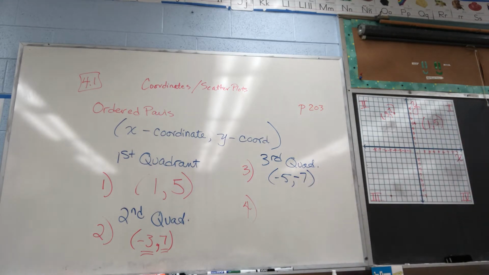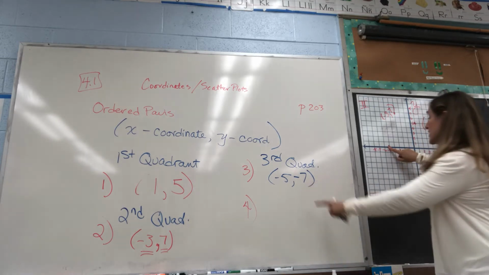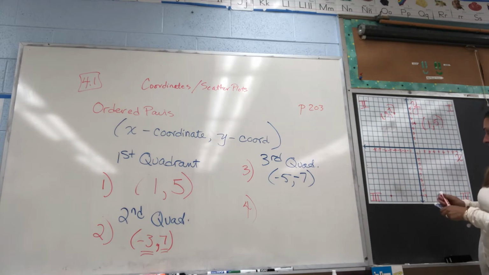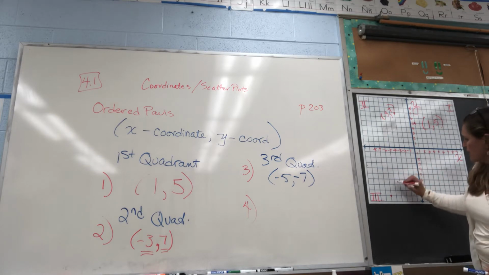It's the x value. So here I am going -5. Here it is. And my y value is what? My y value is -7. He's telling me, do I go up or down? I go down. So I'm going down to -7. Is that in the third quadrant? Yes, it is. -5 and -7 is right here.